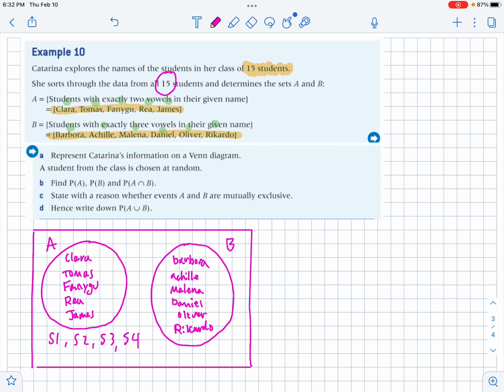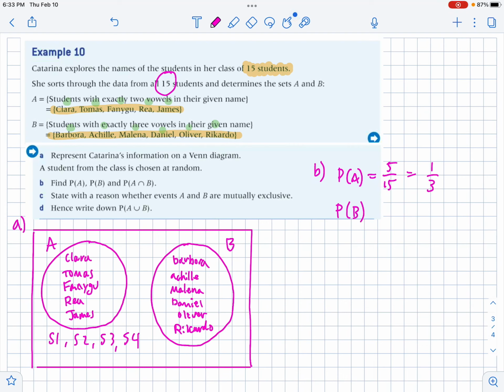But there are 4 people outside of that group. So part A. We represented it with a diagram already. Maybe we'll just label this as A. Part B. Find probability of A, probability of B, and probability of their intersection. Well, the probability of A is 5 people out of the 15. So 5 out of 15 is 1 out of 3.